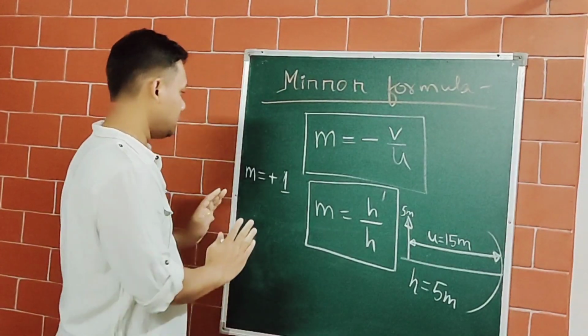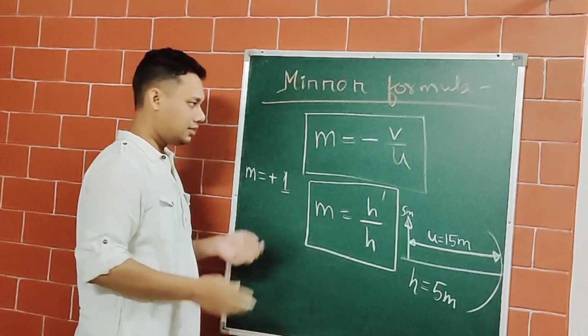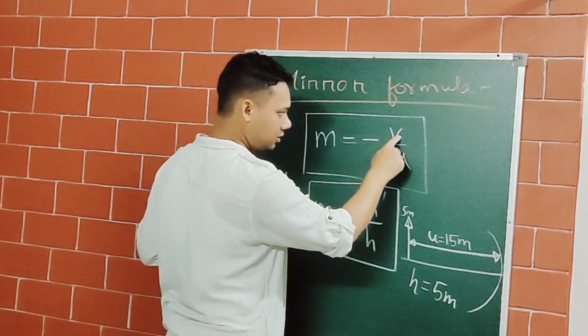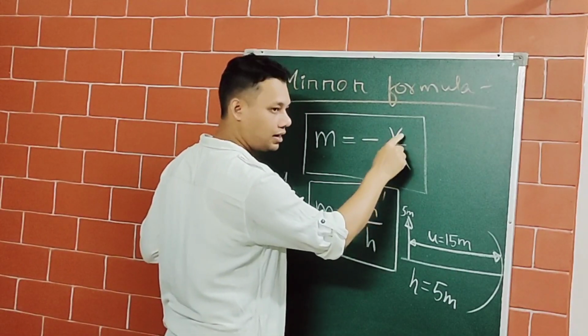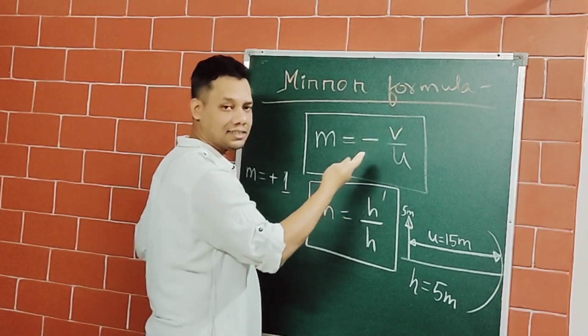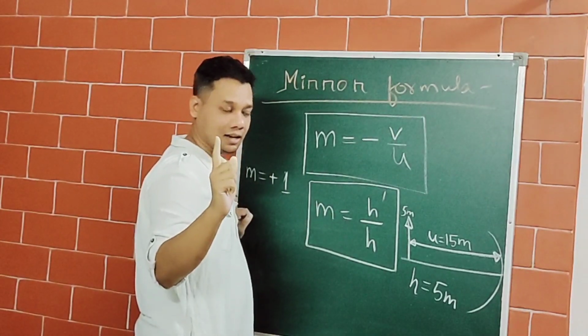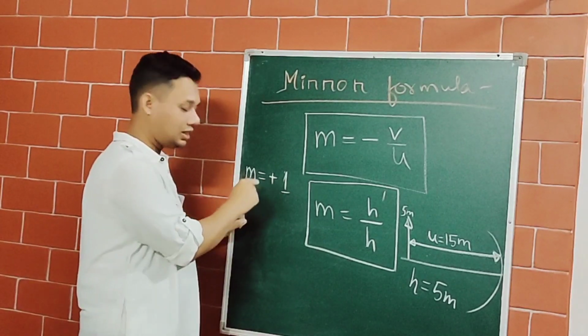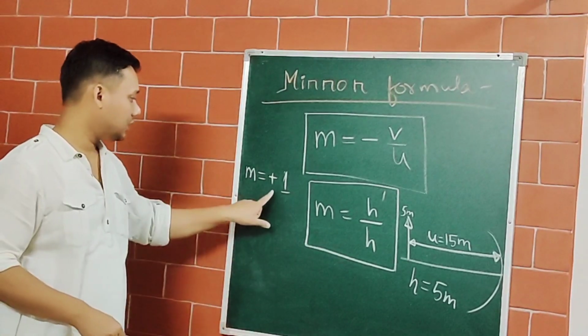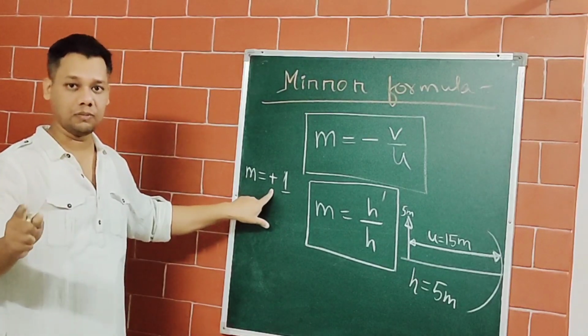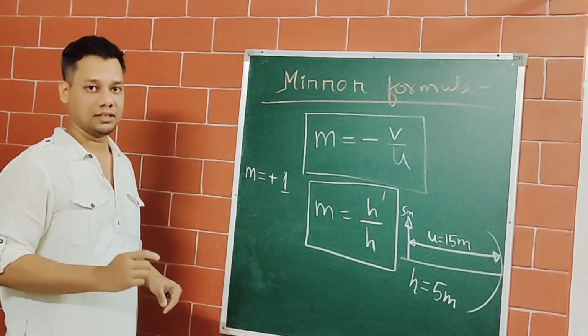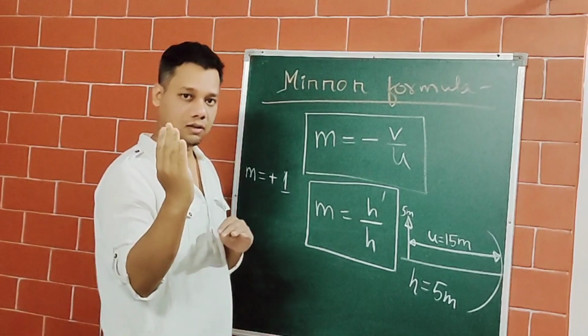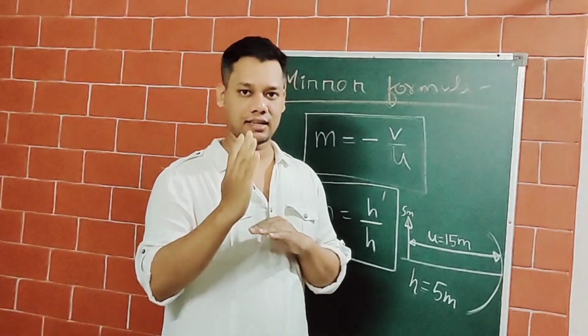Obviously, when the value of v and u are equal, they will cancel out and we will get 1. So the value is 1. But what about this positive sign? This positive sign indicates that the image formed is a virtual image. It is not inverted, it is erect.